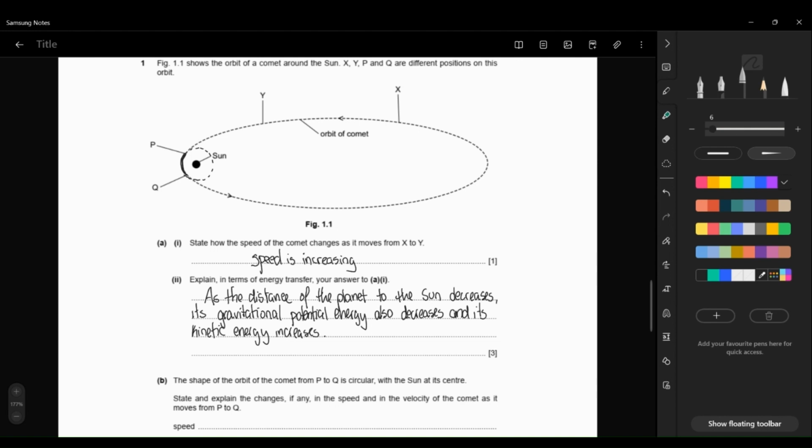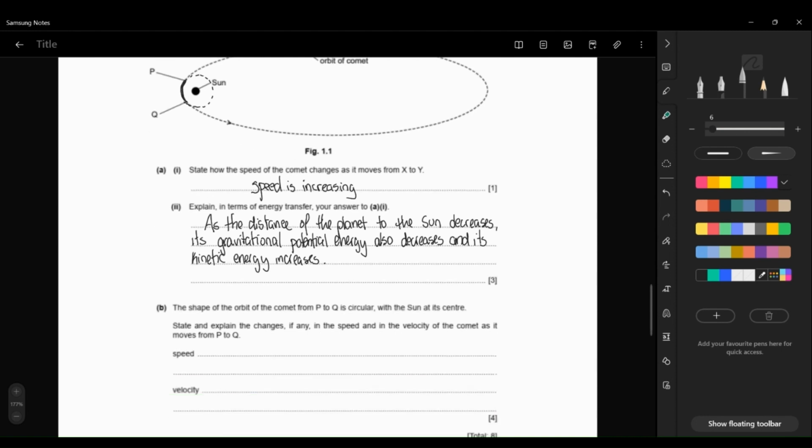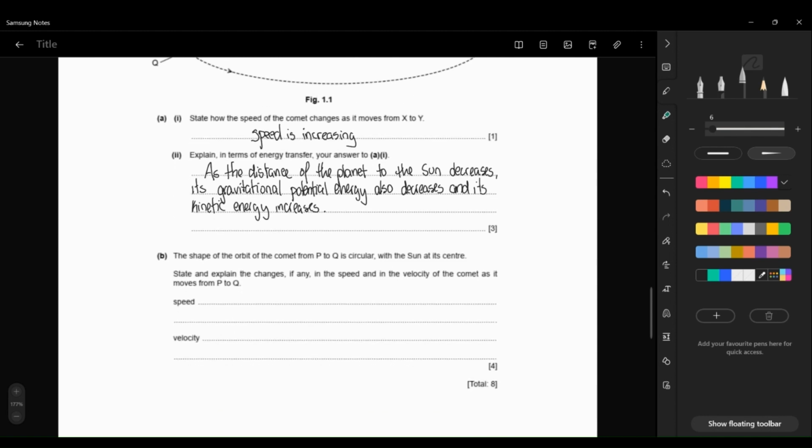Now, if you focus on the question before, here the distance to the Sun is not changing. So, you are not trading any gravitational potential energy for kinetic energy. The distance is kept the same, so this means that the gravitational potential energy of the comet stays the same, and the kinetic energy will also stay the same. If the kinetic energy stays the same, then this means that the speed is going to stay the same. So the state part of this question is answered for speed.